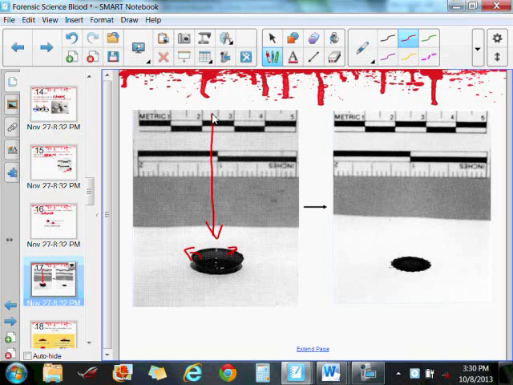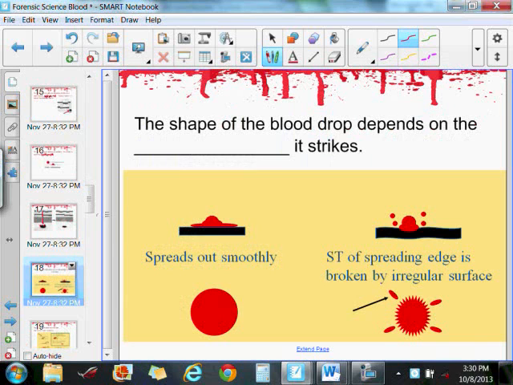Now, depending on the surface that it strikes, this could cause it to look a bit different. If the surface is smooth, you're going to get blood droplets that are nice and round and spherical. There's nothing really to interrupt the rim as it goes outwards.